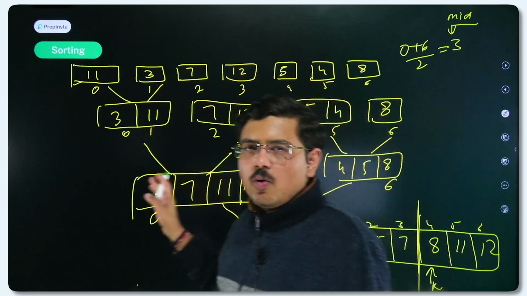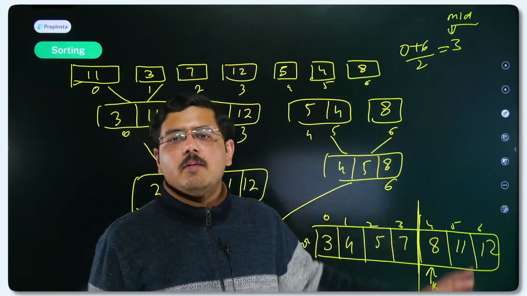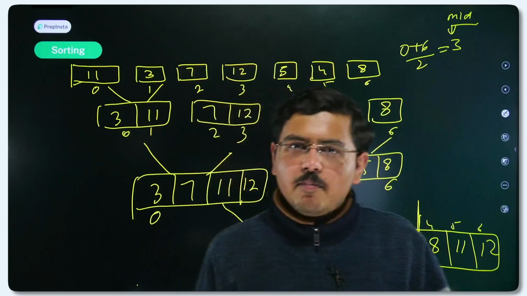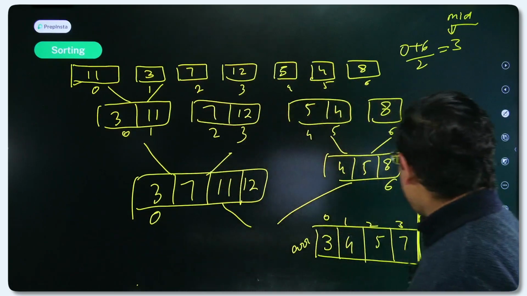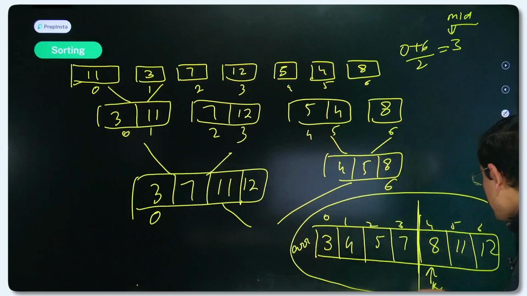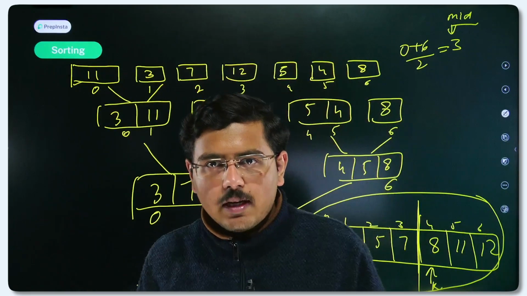So all you need to do is put these values and try implementing. Pause this video here, try implementing this merge, and you will easily reach this sorted array, and that is how merge sort works completely.